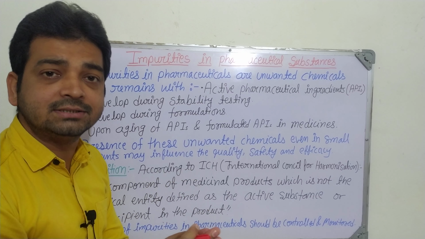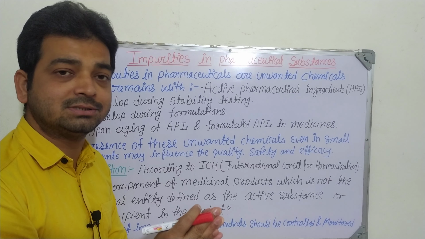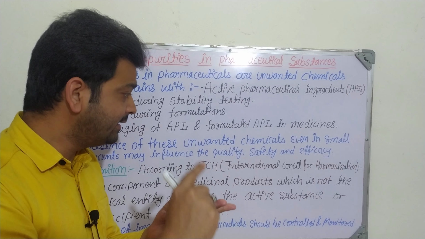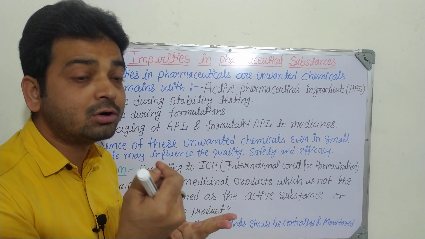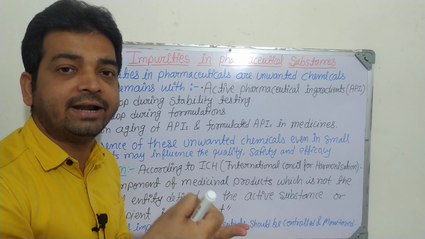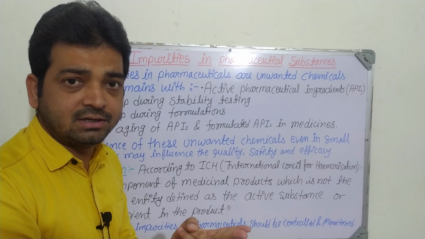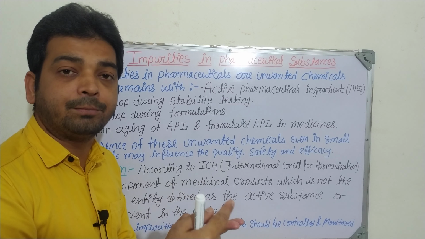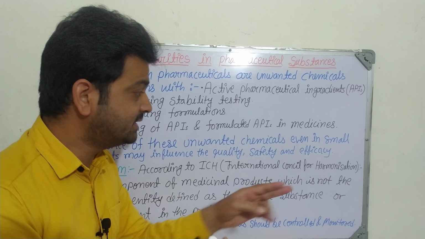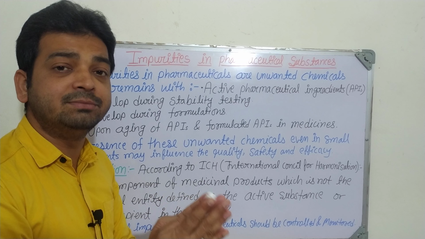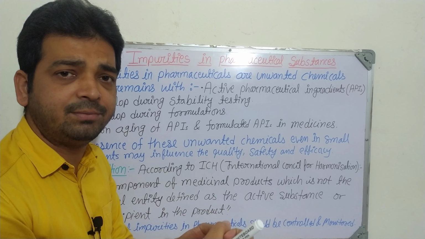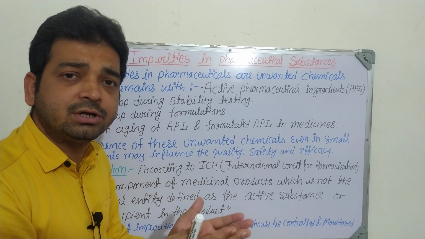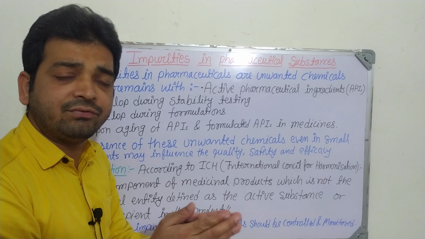Ultimately, the goal of any pharmaceutical formulation is that it should be of good quality, and only then can we expect good health. It should be safe: it should not produce any side effect or adverse reaction. It should show the proper therapeutic efficacy, what it is meant for, whether anti-diabetic, anti-inflammatory, antipyretic or analgesic, whatever the medicine is manufactured for.